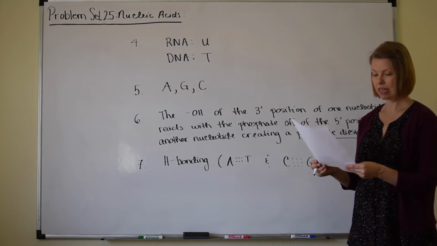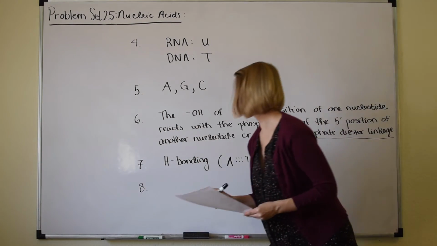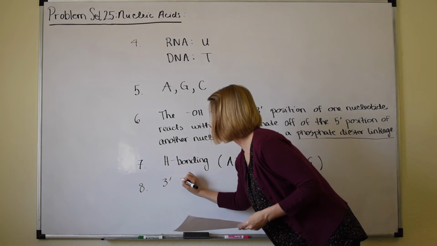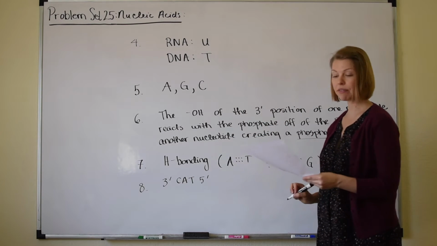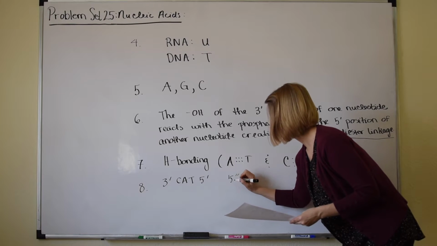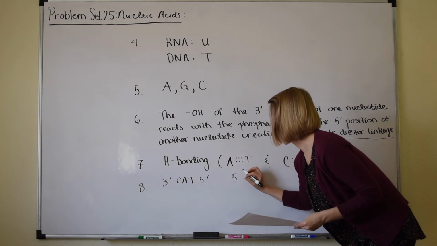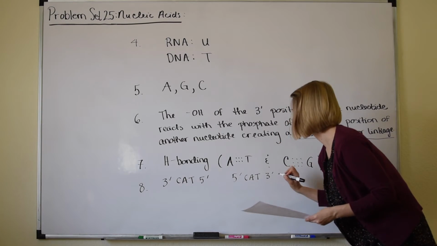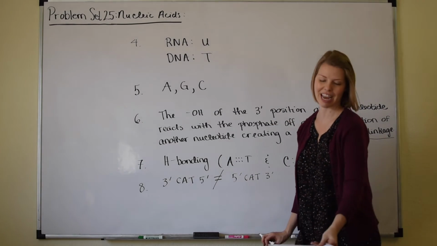All right, number 8. I think we can squeak it in here. How is 3' CAT 5' different from 5' CAT 3'? Okay, so these are not the same, so I'm going to write not equal. These are not the same.